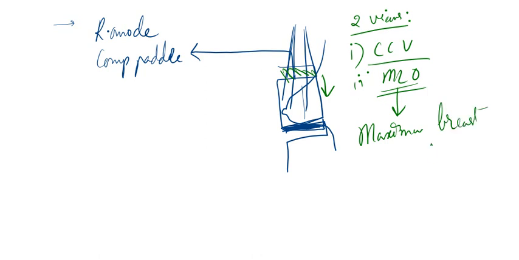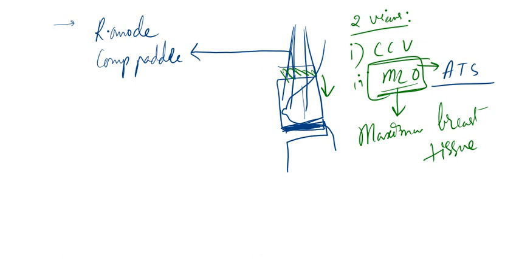Maximum breast tissue information can be extracted from the mediolateral oblique view, right? So the MLO view is the important view where you can extract the maximum amount of information regarding the breast tissue. And one more thing is, in MLO you can also assess the information about the axillary tail of Spence. That is the advantage of the mediolateral oblique view.